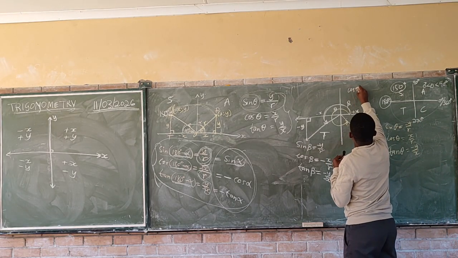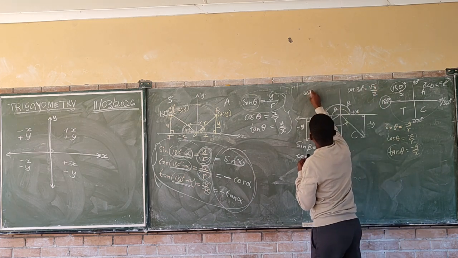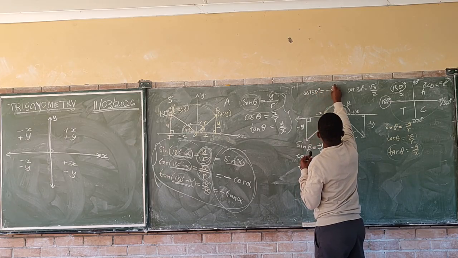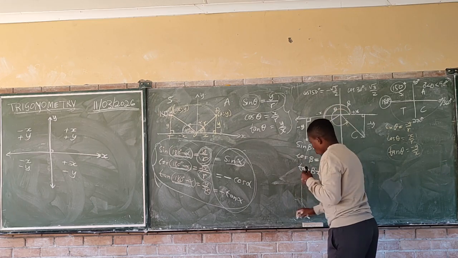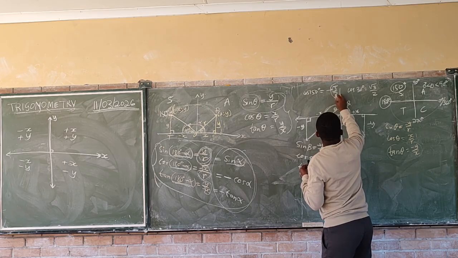Cos of 30 degrees equals the following. Now let's check the cos of 150 degrees. It is how much? Negative root of. So this numerator over denominator.